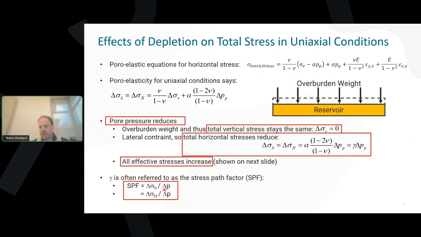When you deplete a reservoir, message 1, the vertical total stress doesn't change. 2, the horizontal total stress reduces. And 3, you can calculate from these analytical rock properties, the Biot factor and the Poisson ratio, how much that total horizontal stress change will be for uniaxial conditions.